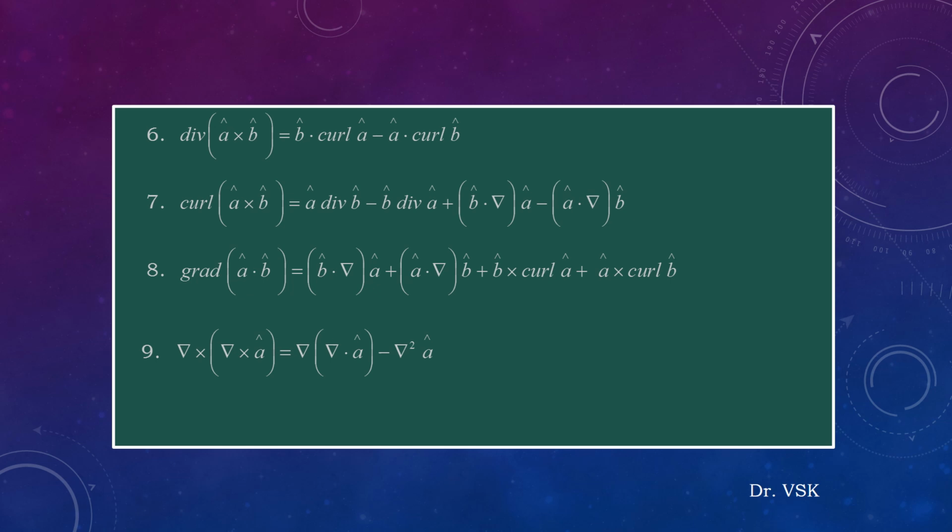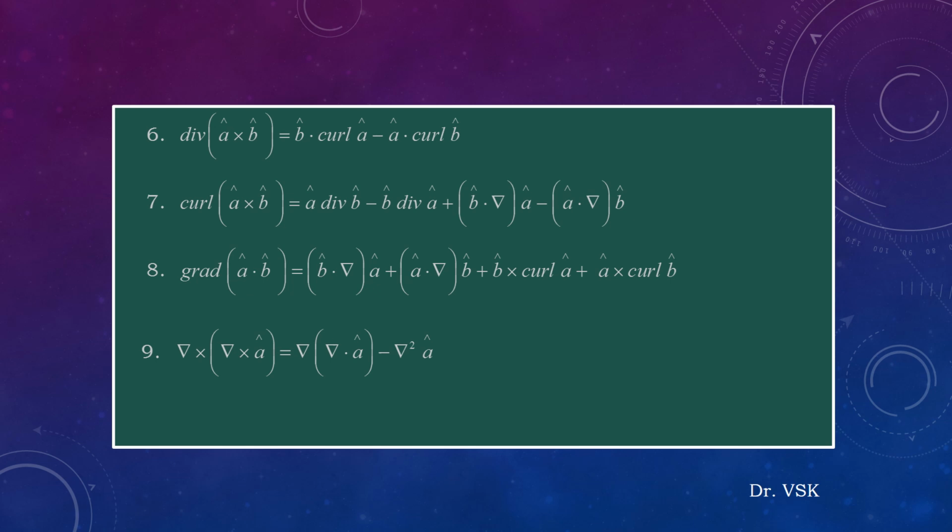If we find out divergence of this curl A cap, we get 0. That was our second identity. Here we find curl of curl A cap, which can also be represented as del cross of del cross A cap. Curl of curl A cap is a vector field. So the left hand side of this ninth identity is a vector field.